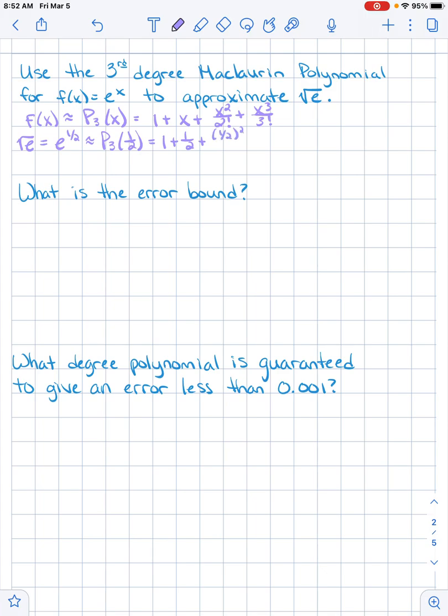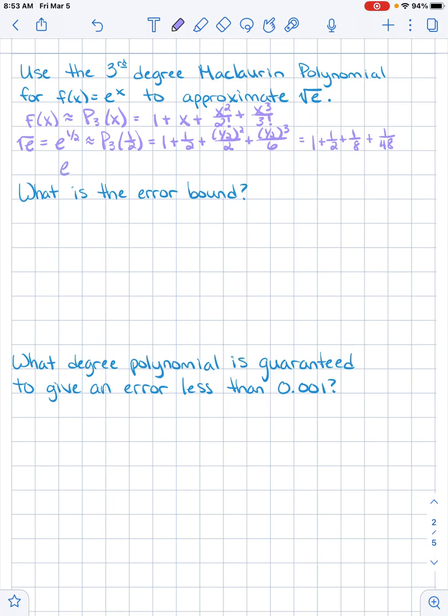1 plus 1/2 plus 1/2 squared over 2 factorial, which is 2, plus 1/2 cubed over 3 factorial, which is 6. If I simplify this just a little bit, I get 1 plus 1/2. 1/2 squared is 1/4. 1/4 divided by 2 is 1/8. 1/2 cubed is 1/8. 1/8 divided by 6 is 1/48.